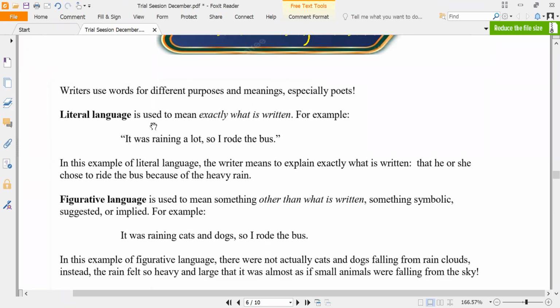Literal language is used to mean exactly what is written. For example, it was raining a lot, so I rode the bus. Yes, this is a real expression, right? It's raining, so I mean exactly that it was raining. And I rode the bus, I mean exactly that I rode the bus.